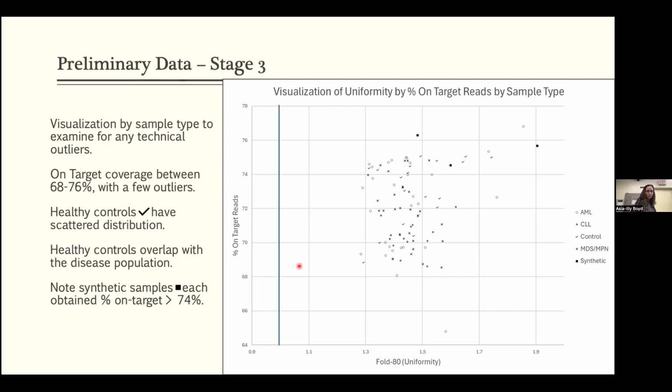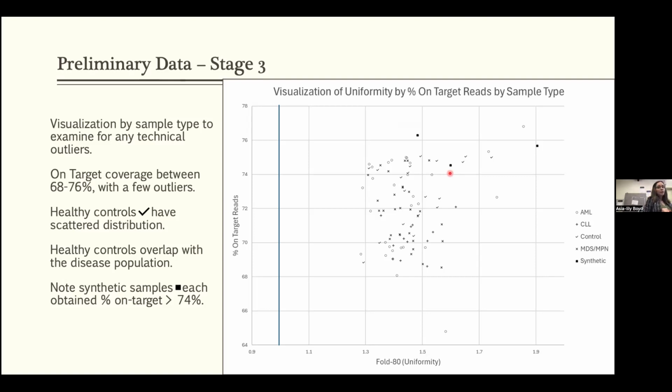So the check marks represent healthy control DNA that we obtained, and they overlap pretty much with all the other disease states. So that's good to see that there isn't a significant difference between how the healthy controls are covered versus the disease population. The solid black square, so there's 3 samples that are a solid black square. Those are the synthetic DNA samples that we ran.